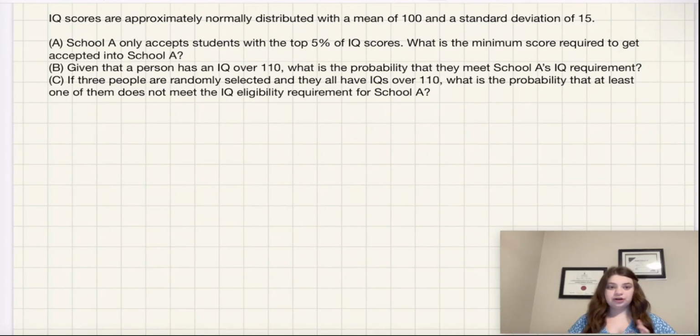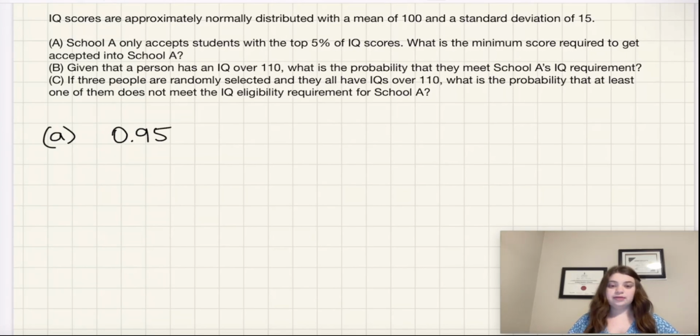At this point, on the Z score table, we're going to look up 0.95. Because if it's the top 5%, that means the other 95% of people, the people who have the bottom 95% of the IQ scores, are not accepted to this school.